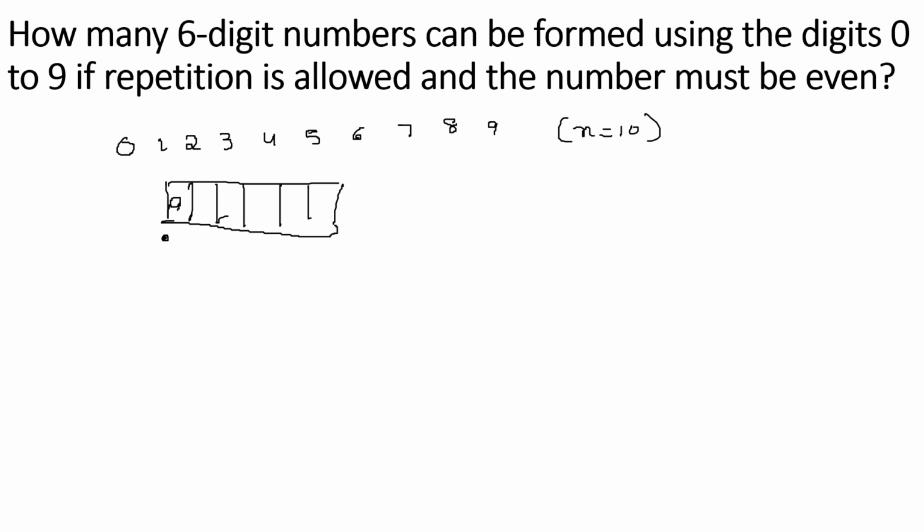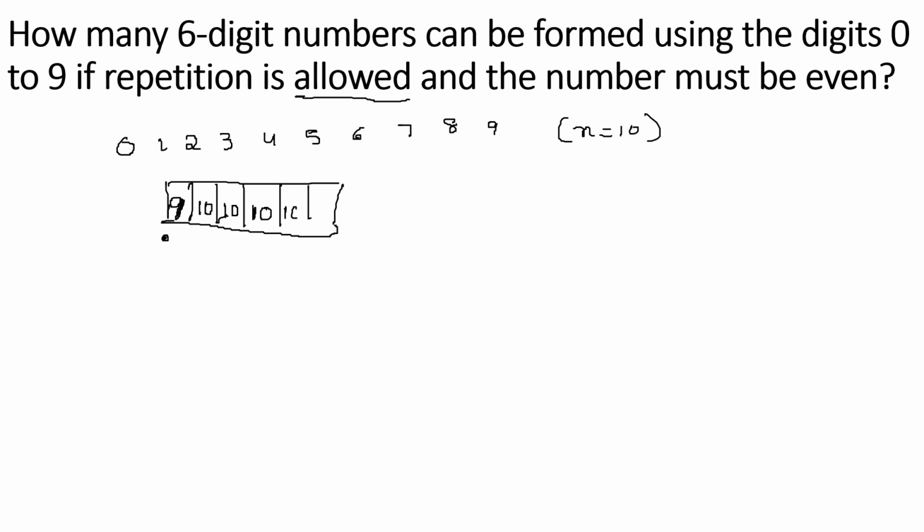So the first place has 9 options. Okay. Now, since the repetition is allowed, that means you can repeat whatever number you have written. You can write it again. So even write 0 also. So second place has 10 options. Even third place, you can repeat the numbers. So third place also has 10 options, and hundreds place also has 10 options.